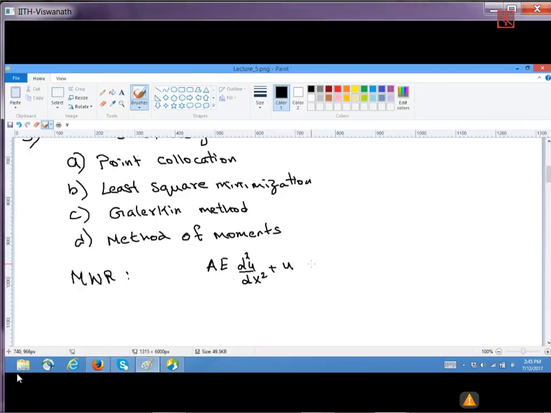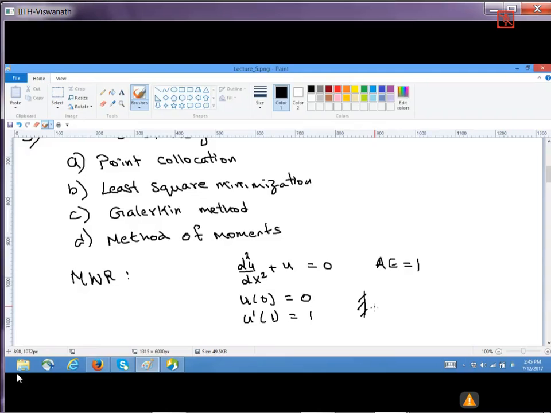So I can make this one simply 1. Then this will become something like this, with a boundary condition such that u of 0 is equals to 0, u dash 1 is equals to 1.